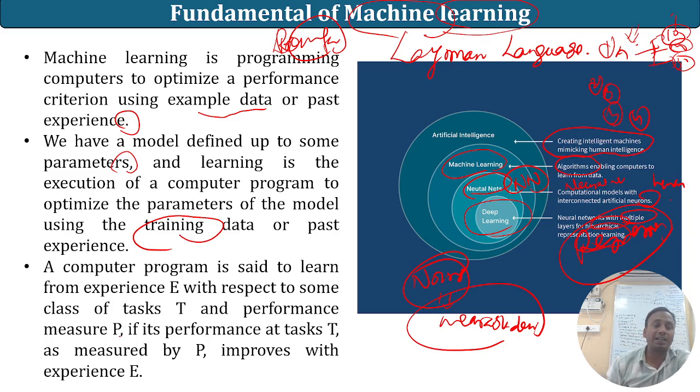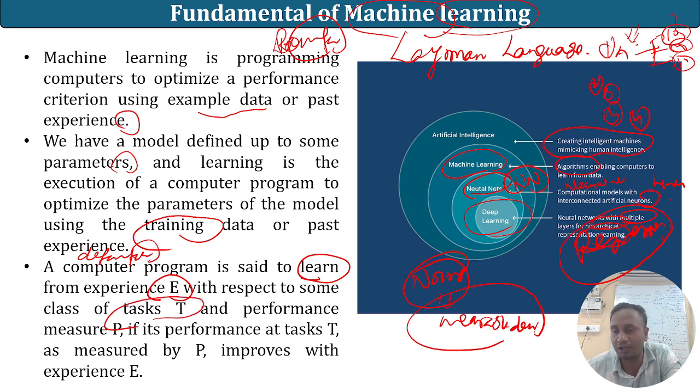If we talk about the theoretical definition of machine learning: a computer program is said to learn from experience E with respect to some class of task T and performance measure P, if its performance at task T, as measured by P, improves with experience E. We have some data or task, and based upon that it learns from past experience.